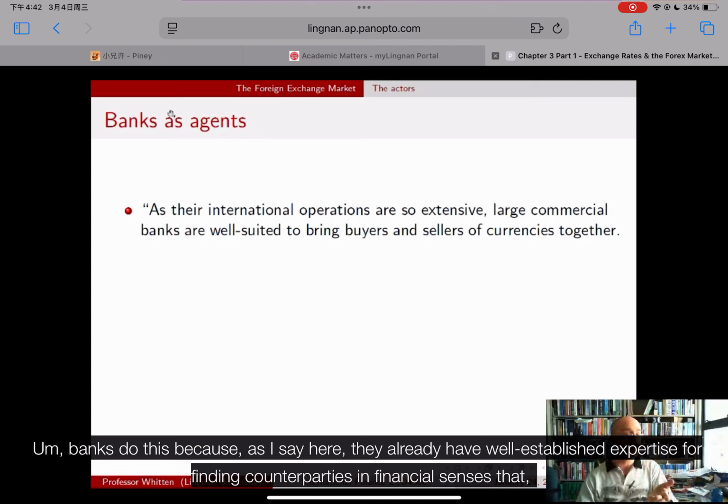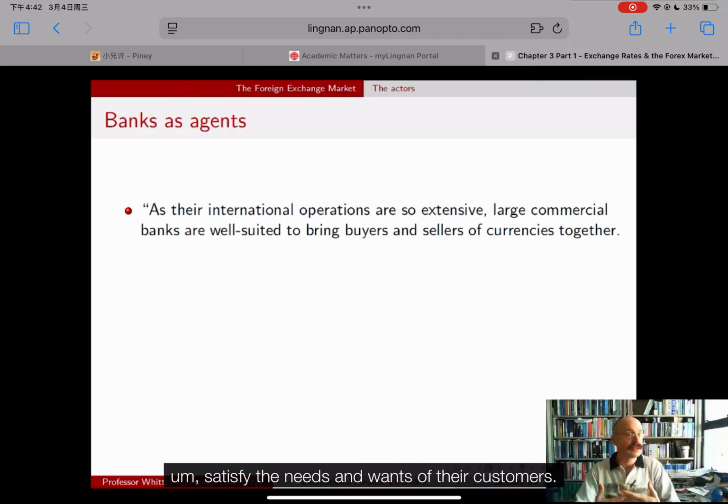Banks do this because, as I say here, they already have well-established expertise for finding counterparties in financial senses that satisfy the needs and wants of their customers.